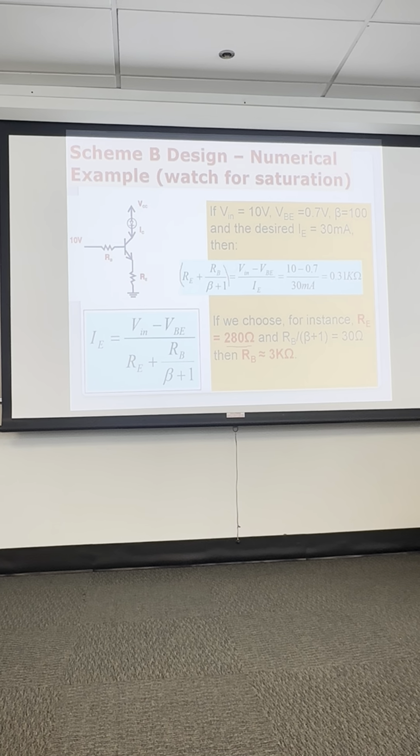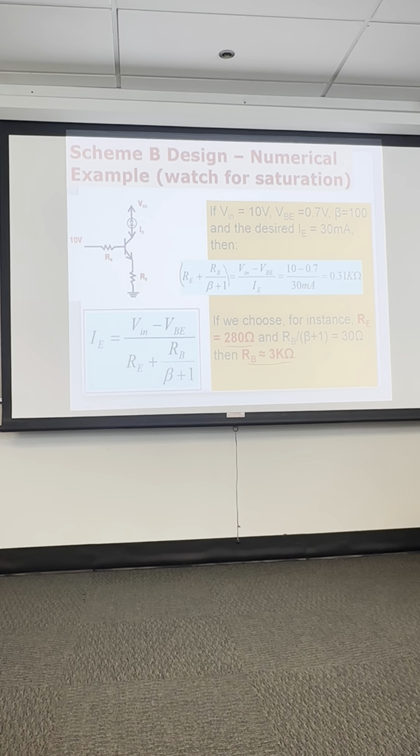And that's not much different from the 250. So we try a different one, and we calculate a new R sub D, which is now equal to 3K ohm. Now, would you predict that the variation in emitter current is going to be better or worse with this change?